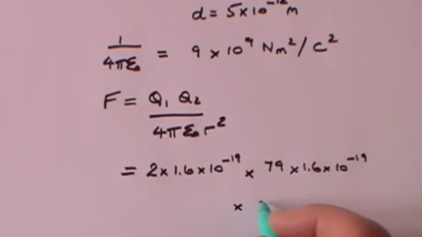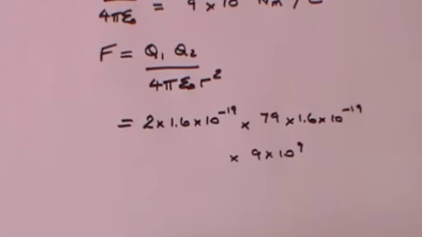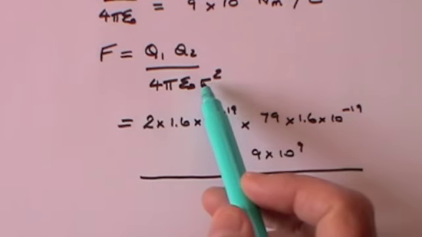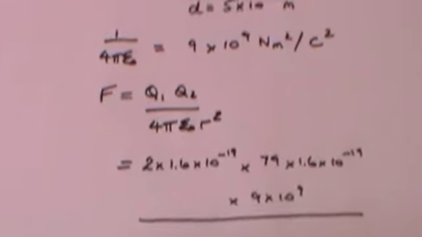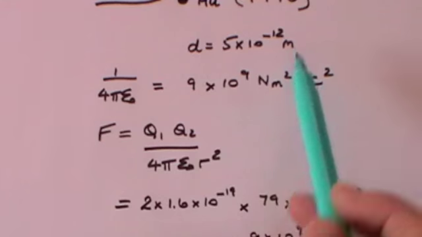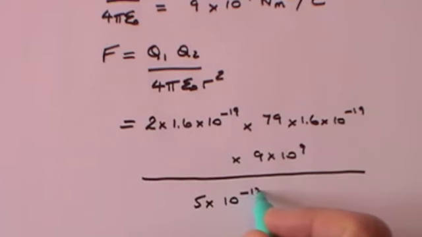So this continues times 9 times 10 to the 9. This is all in the numerator. And then that is going to be divided by r squared. And r, we were told, the closest distance of approach was 5 times 10 to the minus 12 metres. So r squared is going to be 5 times 10 to the minus 12, all squared.